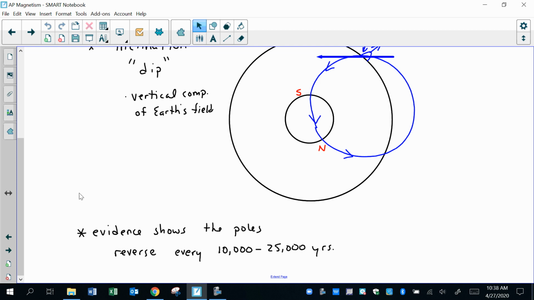Probably not likely, but who knows? But we do have scientific evidence that suggests those poles have been reversing multiple times. It has to do with the core samples they've taken from the Atlantic Ocean. You've got the mid-Atlantic ridge slowly separating, so different locations on the seafloor correspond to different time periods in Earth's history.